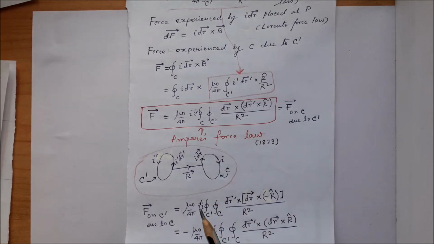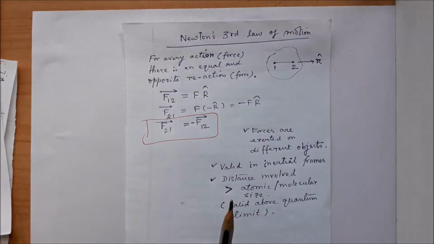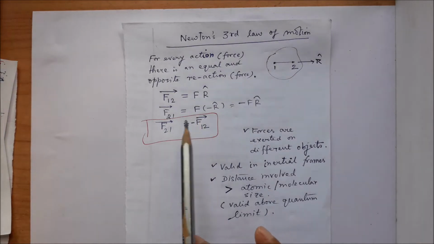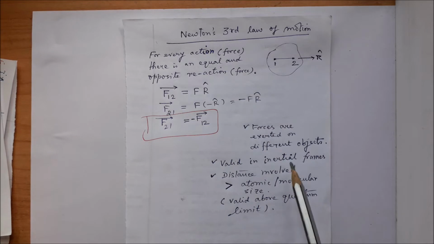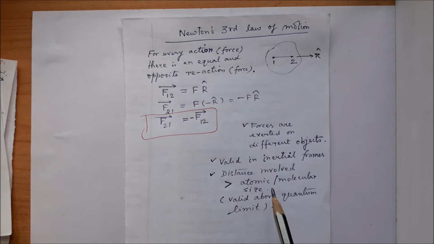Now, having stated Ampere's force law, let us come to Newton's third law of motion, which is valid in an inertial frame and for distances larger than the quantum limit, that is atomic and molecular size.